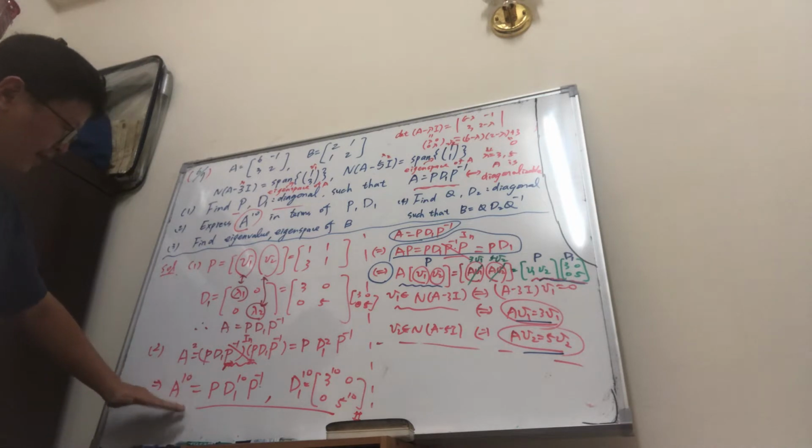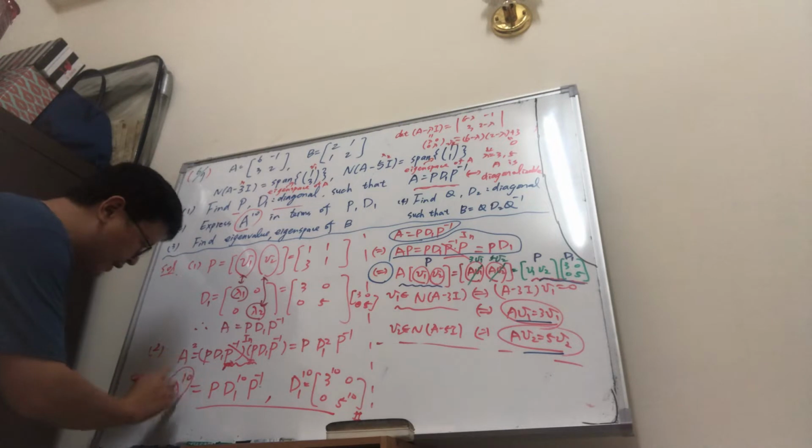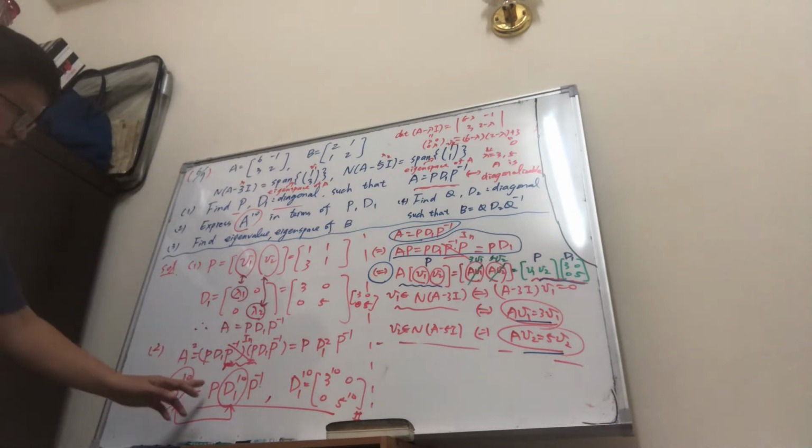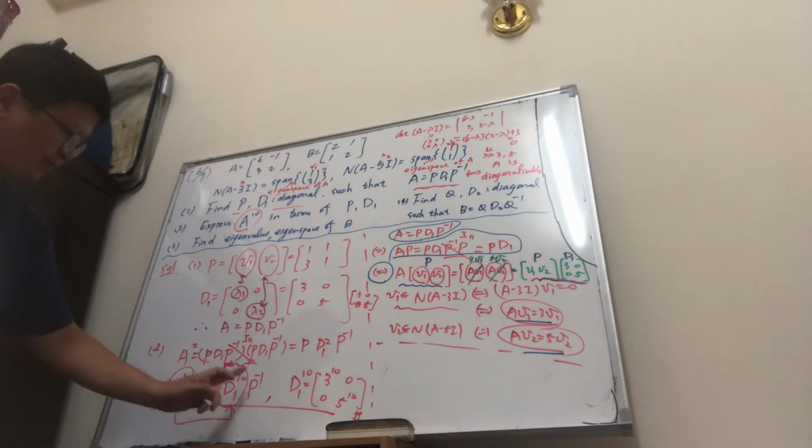Once A to the power of 10 is of this form, you can see that these two matrices have the same eigenvalues, since A to the power of 10 is equal to P D1 to the power of 10 P inverse.